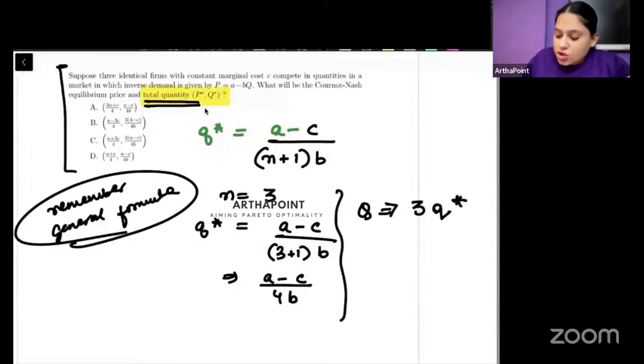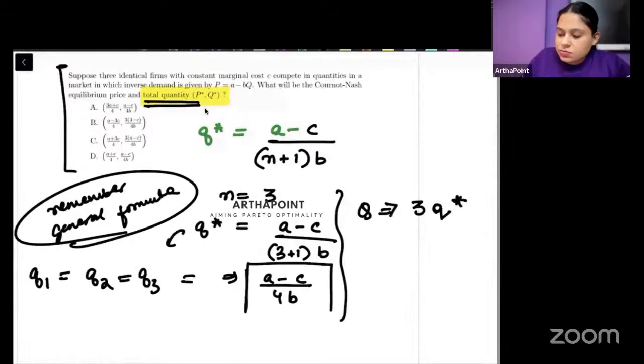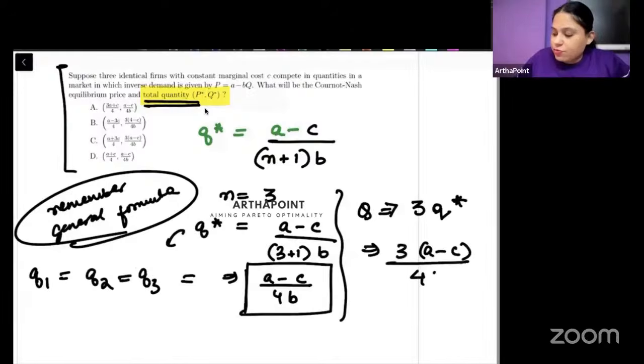There are 3 firms, so this is the quantity produced by firm 1, 2 and 3 separately. Total quantity will be firm 1 plus firm 2 plus firm 3, or 3 times this quantity. So it will be 3 times A minus C upon 4B.